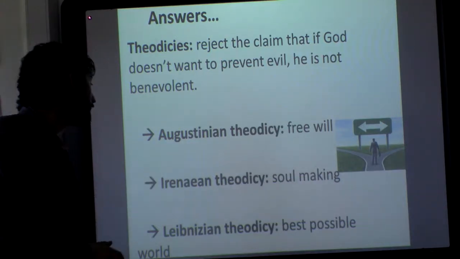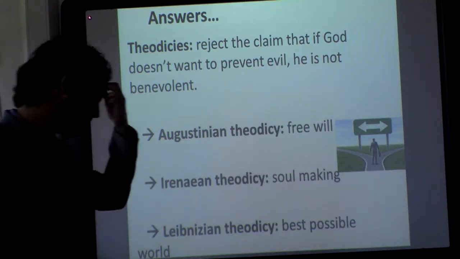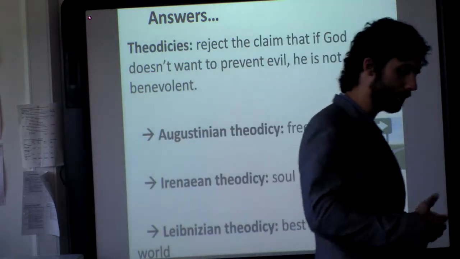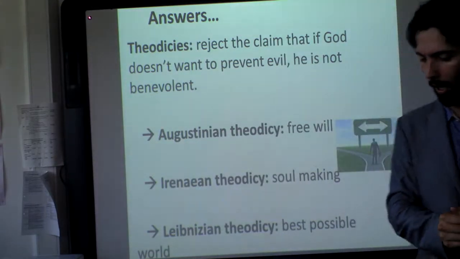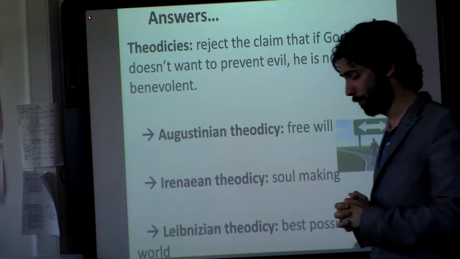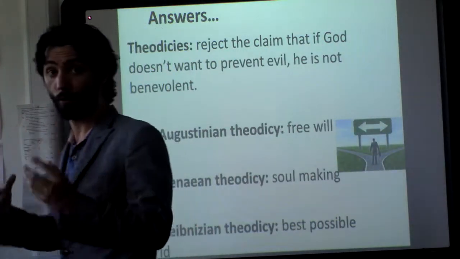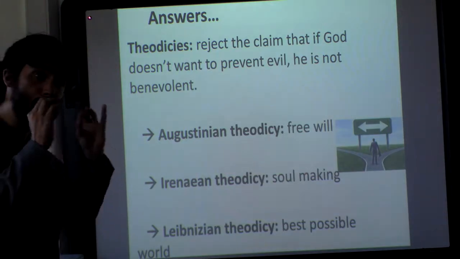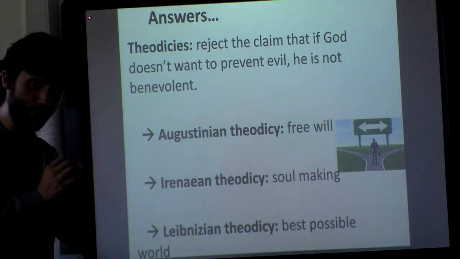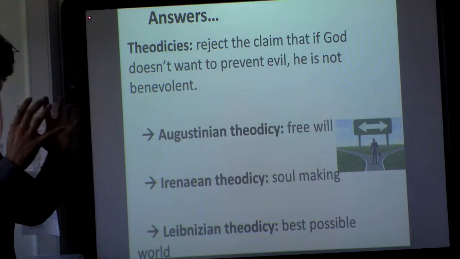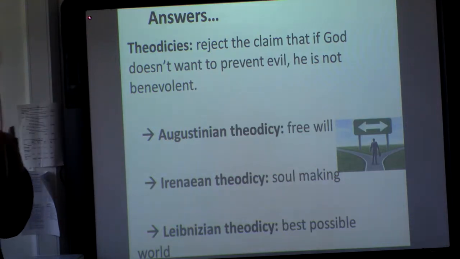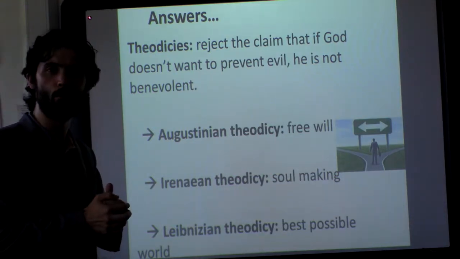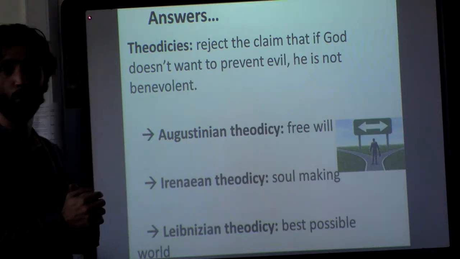And lastly, the Leibnizian theodicy. Now, that one actually isn't in your textbook, but I've looked into it with some of you, those that I've mentored. The idea is that God has created the greatest possible world, and we just can't see it because our perspective is so limited. We can only see a part of the world. So from our perspective, it doesn't look like the world is the greatest conceivable world, the best possible world.